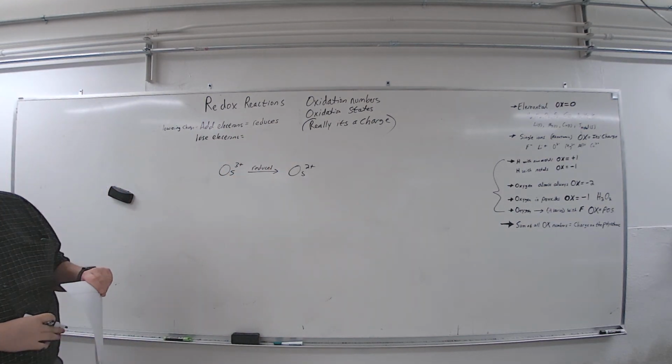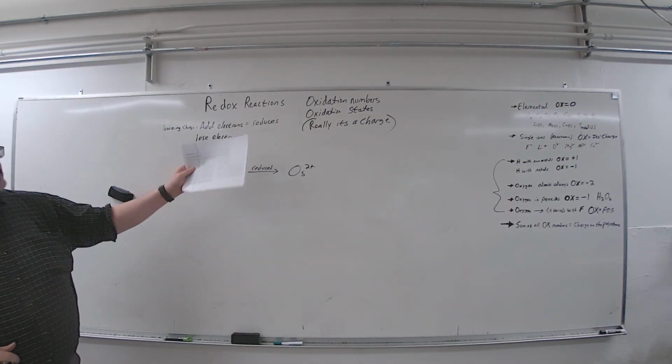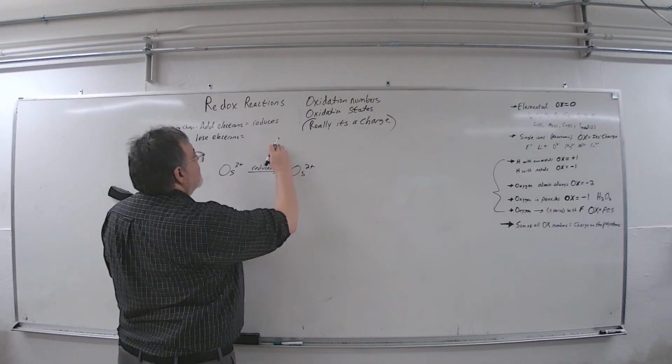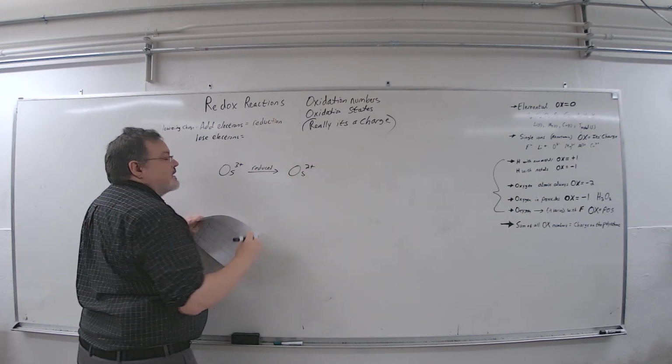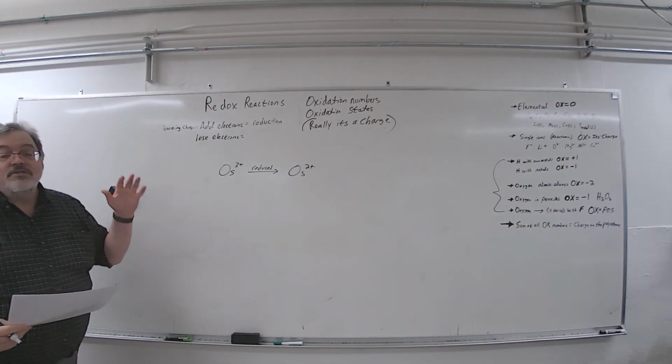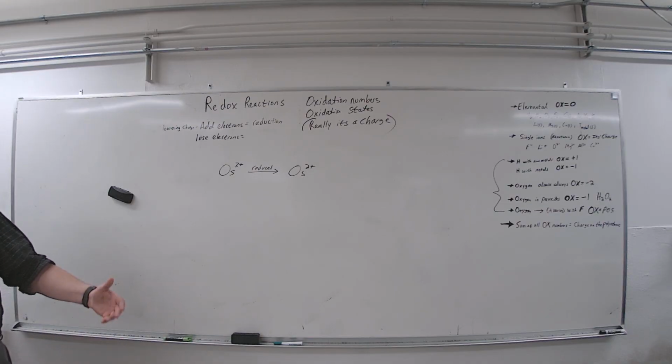That's called reduction. You with me? And to remember that vocabulary word, just think in terms of charge. If the charge is going down, then a reduction is occurring, which is the same thing as saying an electron has been added. The process of an electron being added to something is called reduction.